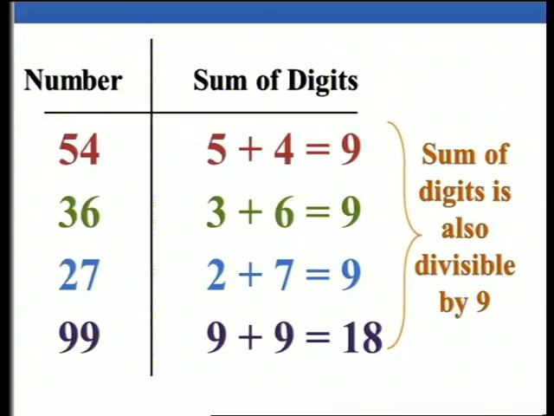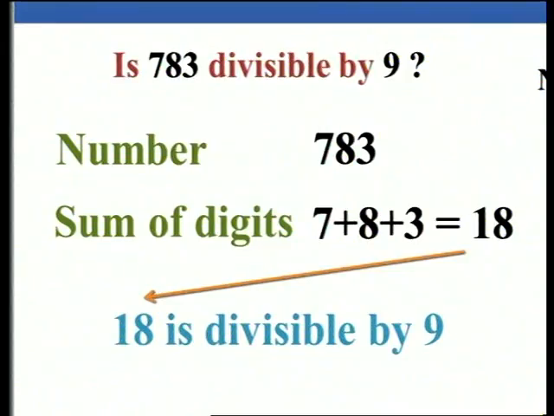If I add the digits 5 and 4, we are getting 9. That's fantastic. Now take the number 783. The sum of its digits is 7 plus 8 plus 3, that is 18. And 18 is divisible by 9. So 783 is divisible by 9 too.